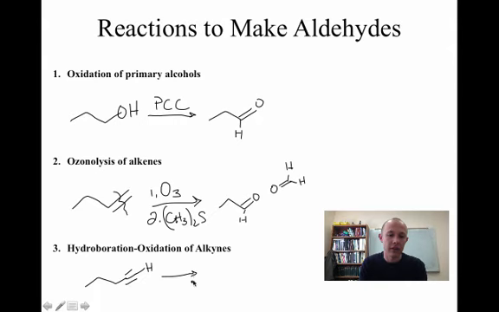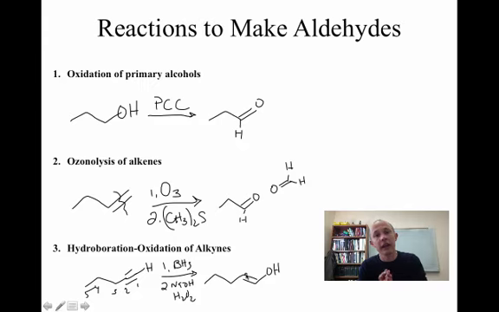Let's say we treat this with borane, BH3, and hydroboration oxidation, H2O2, right? Remember, the boron goes on the less substituted carbon and the hydrogen goes on the more substituted carbon. We got 1, 2, 3, 4, 5 carbons here, so we get this thing which is called an enol.